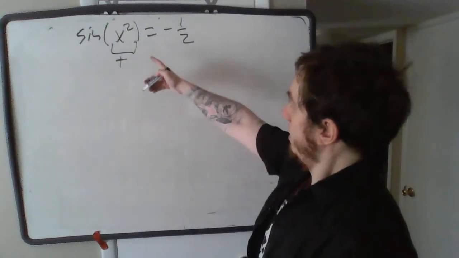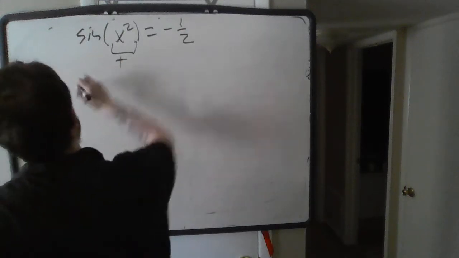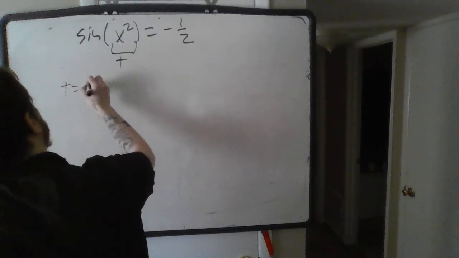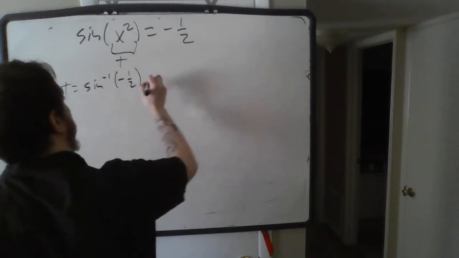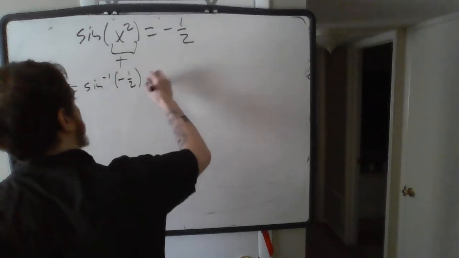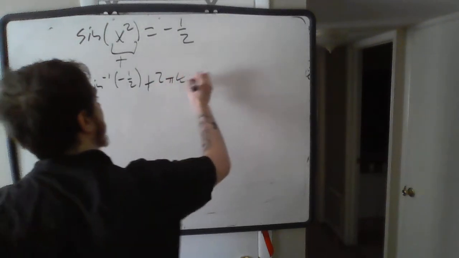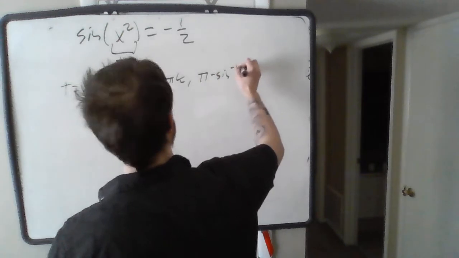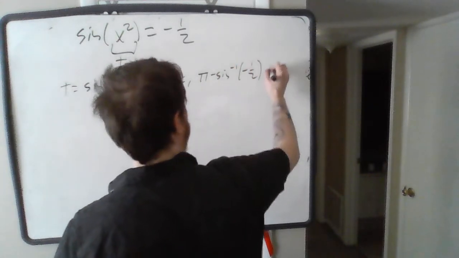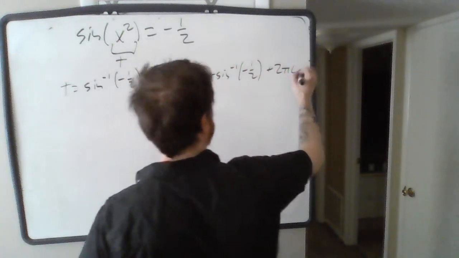So we think of this as t. Well, we're looking at t equals sine inverse of -1/2 plus 2 pi k, or it is pi minus sine inverse of -1/2, again, plus 2 pi k.